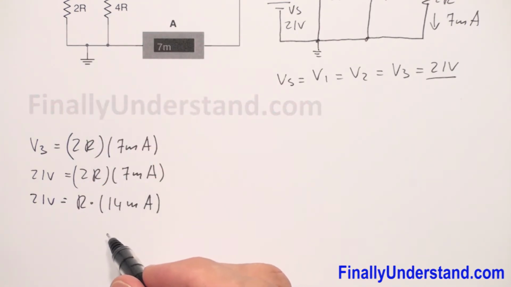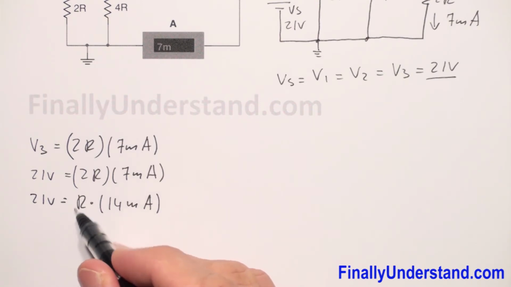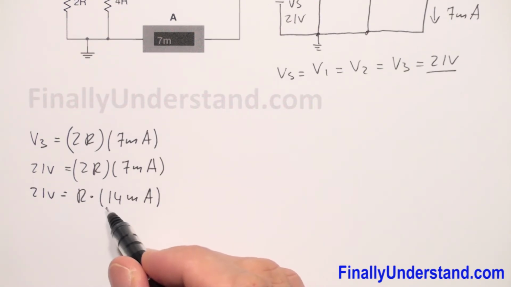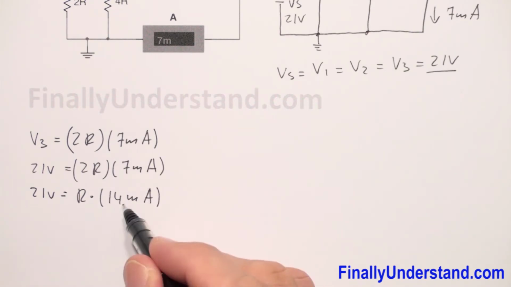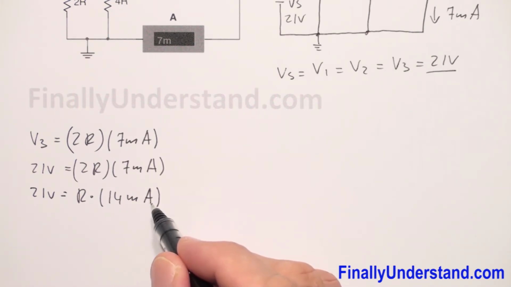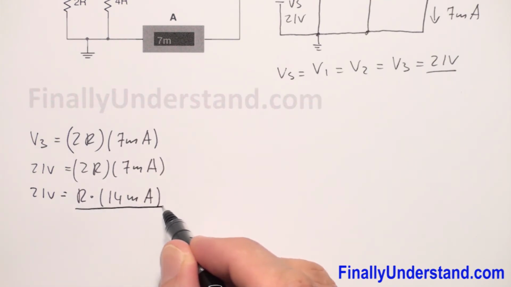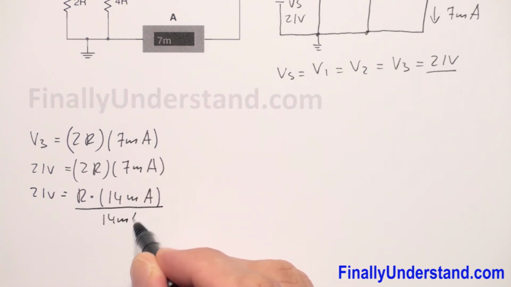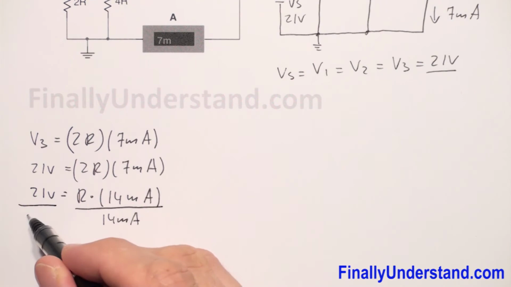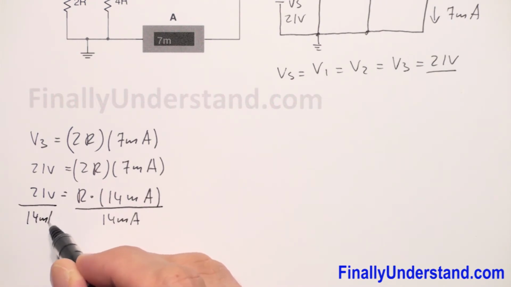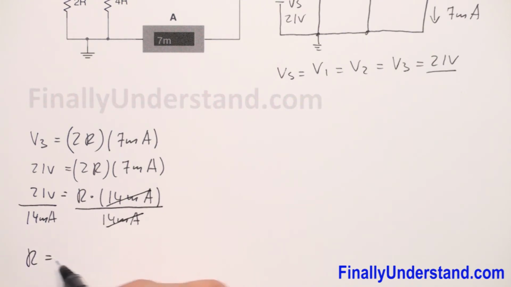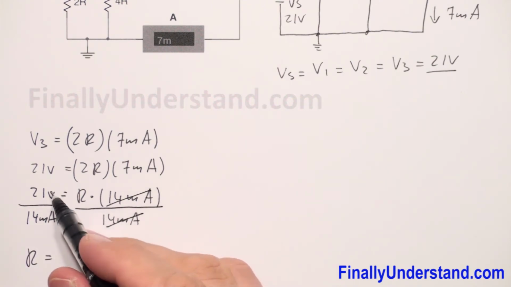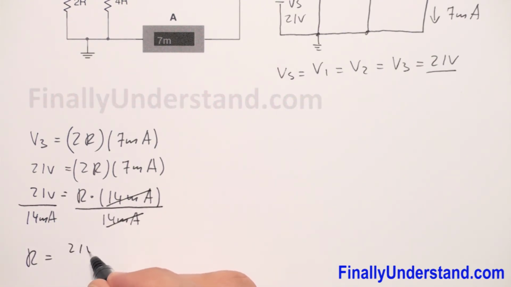So what I'm going to do next is find R from this equation. In order to find R, I'm supposed to divide both sides of this equation by 14 milliamps. So I'm going to divide this one by 14 milliamps and this one by 14 milliamps. This and this will cancel out. So if resistance is, of course, voltage over current, I have 21 volts over 14 milliamps.